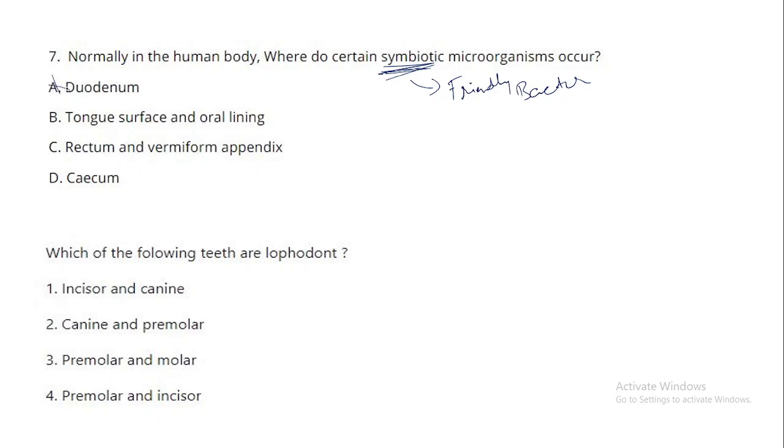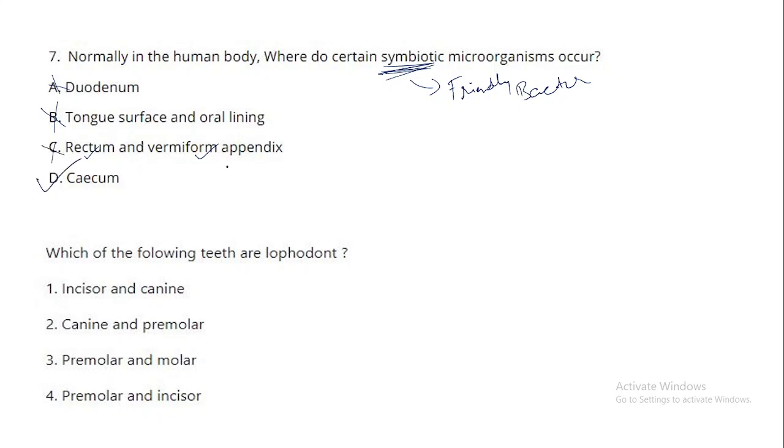Let's see what part of the body it is. Duodenum, no, because only active digestion takes place here, so there's no place for microorganisms. Tongue surface and oral lining, nah. Rectum and vermiform appendix: we know that the rectum is the last part of the large intestine, where only fecal matter is stored and nothing more than that. The vermiform appendix in humans, I told you, plays no role; it is a vestigial organ.